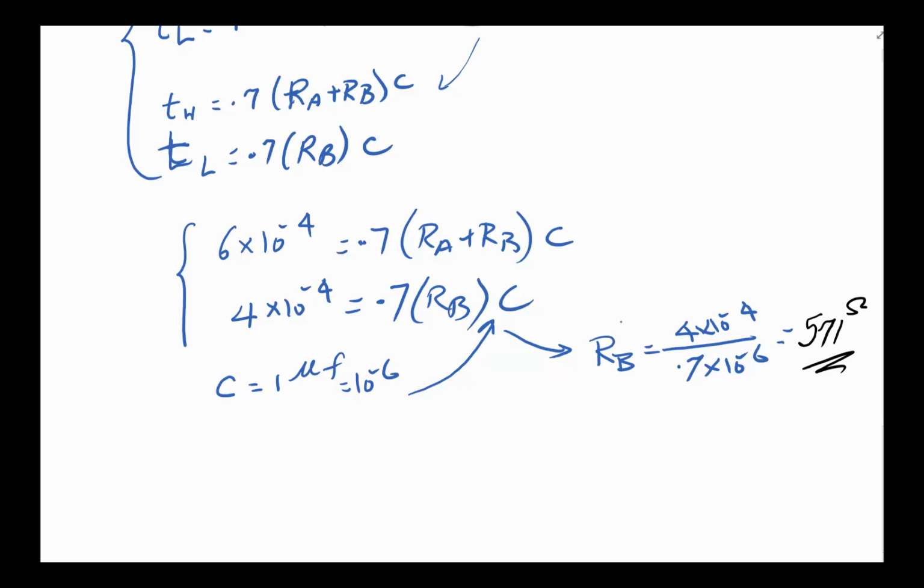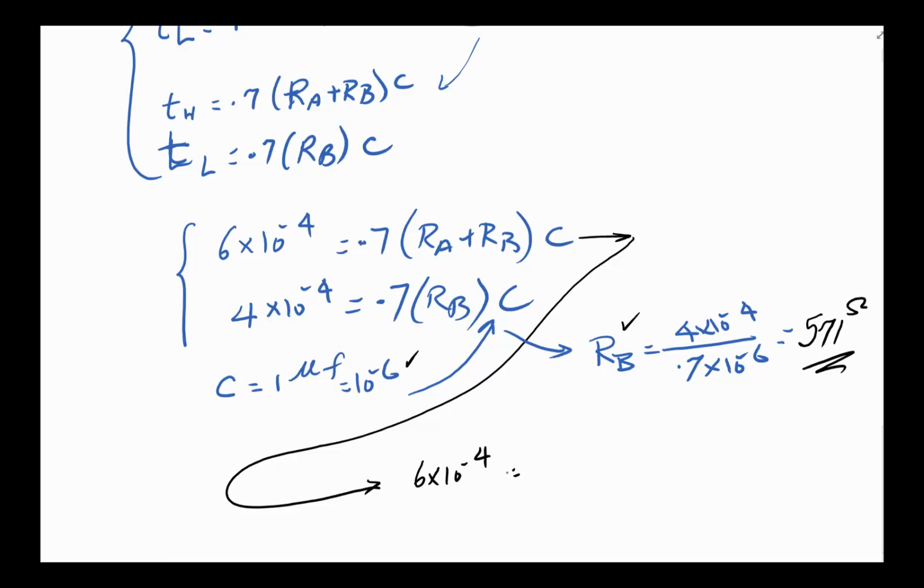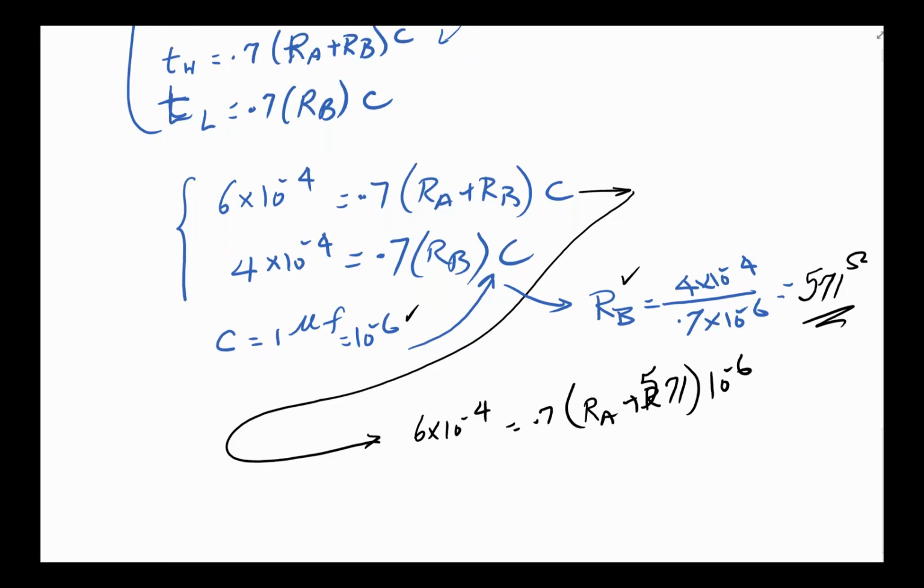Then we'll take this number and plug it in the first equation. That gives us 6 times 10 to the minus 4 equal to 0.7 times RA plus RB, which we know is 571, times 10 to the minus 6. We'll do a little cleanup on this one.